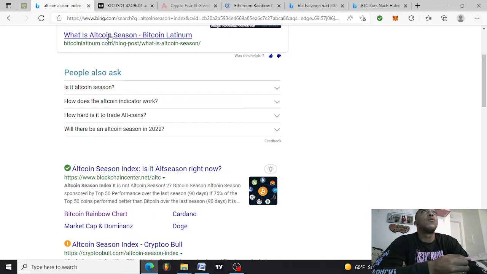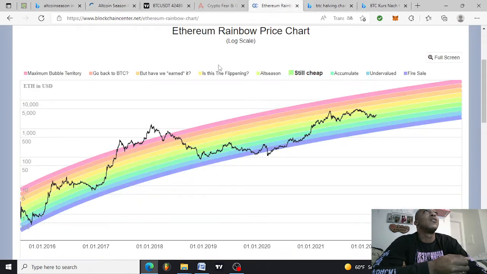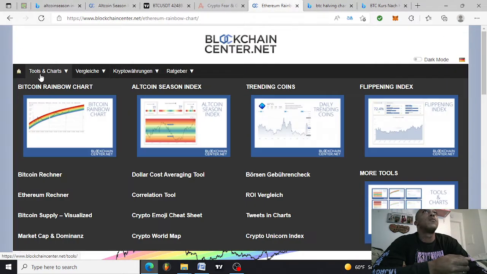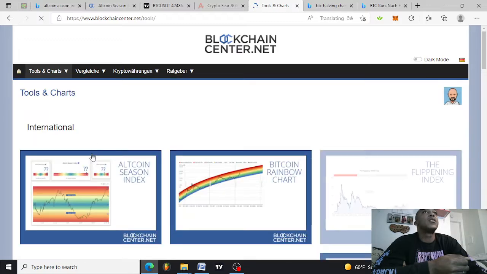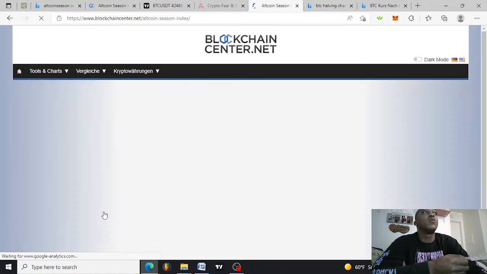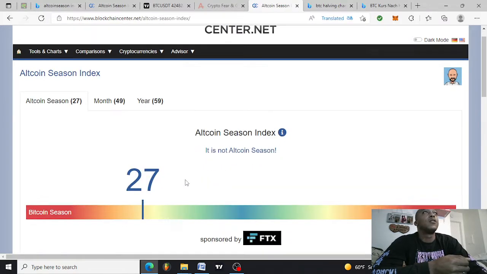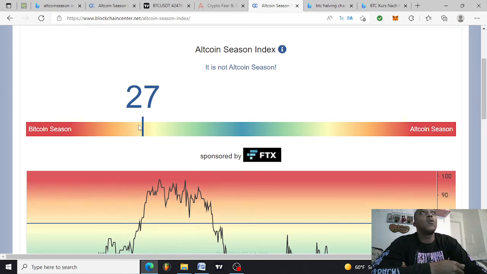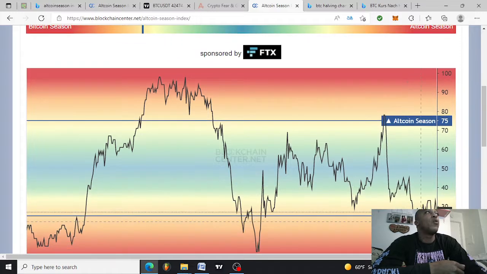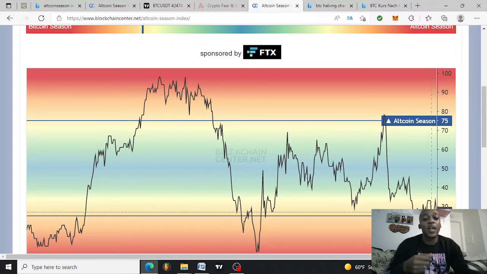So let's go to their website. Altcoin season index. This is what I'm looking for. So this is not altcoin season, because we're right at 27, right? But we got coins shooting up in price, like ApeCoin came out the very first day.